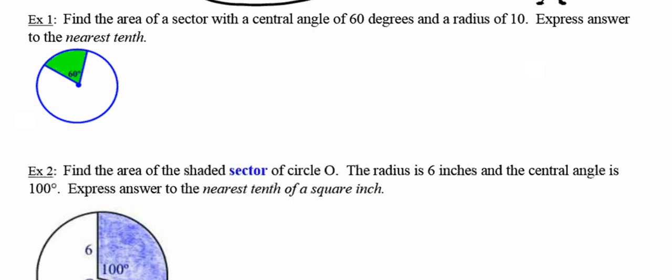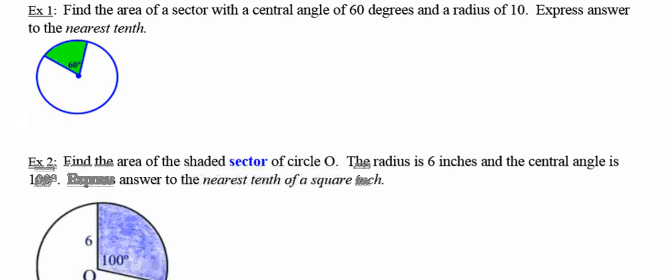Number one says find the area of a sector whose central angle contains 60 degrees and whose radius has length 10. Express your answer to the nearest tenth. Since they labeled the 60 degrees for our green sector but didn't label the radius, I'm going to start by labeling the radius in the diagram. Finding the area of a circle is a familiar topic for me, so I'm going to jump right in and find the area of that entire circle.